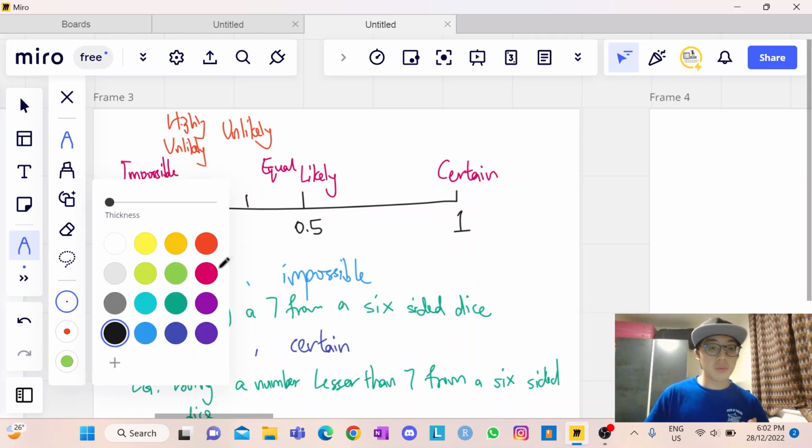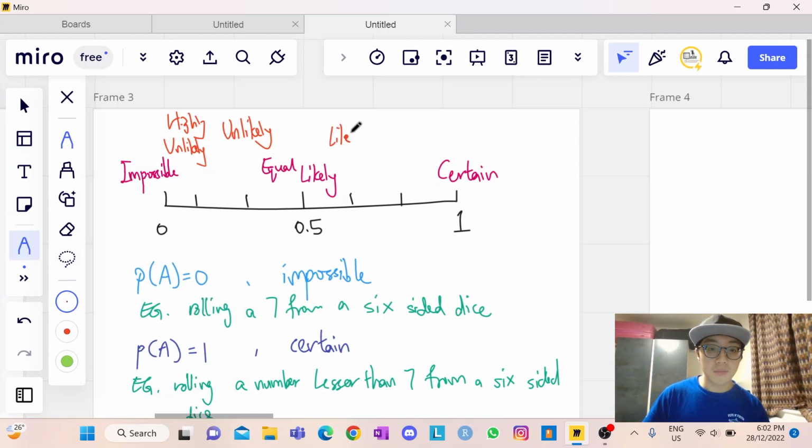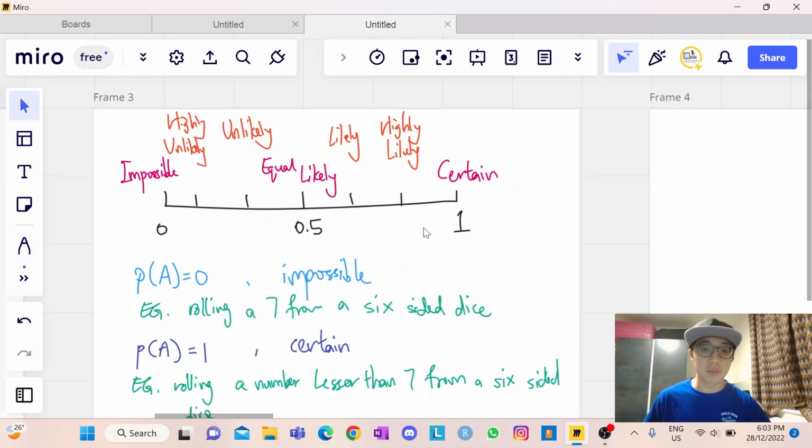Okay, so when you go past the equal likely to the right side, then it will go on to likely and highly likely. All right, so the probability will never pass 1 and never go below 0. All right, so this is the number 1 rule for probability.